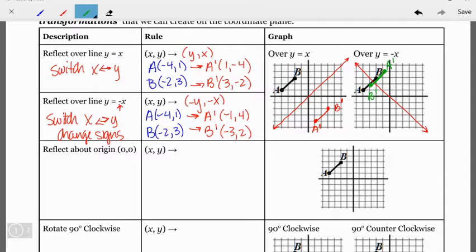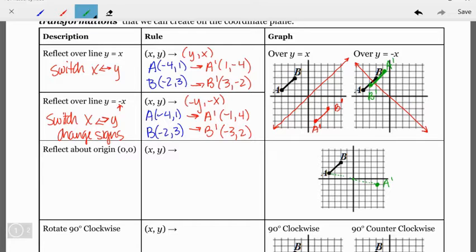And technically what this means is, if we're reflecting in the origin, I want to visualize, well, A is about this far away from the origin, so I want to go about that far away on the other side. So my A prime would actually be here, reflected straight across the origin.